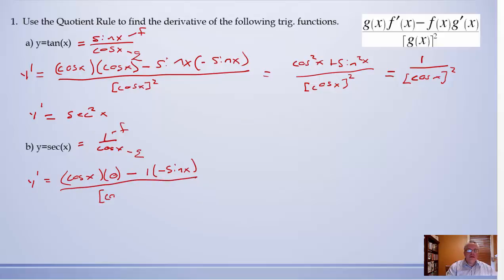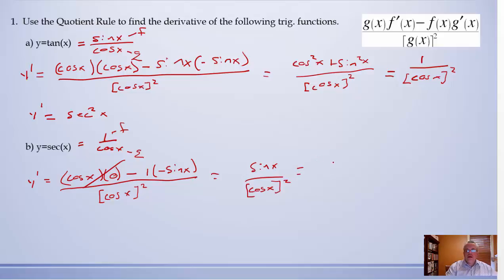So we get cosine squared in the denominator again. Now cosine x times 0 is just 0. We have minus 1 times minus sine x, which is just sine of x over cosine of x squared.